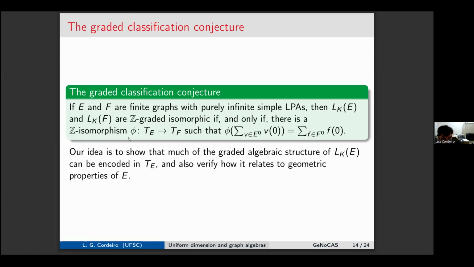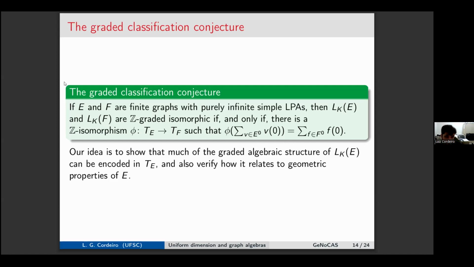the question asks whether the Leavitt Path algebras are Z-graded isomorphic if and only if there is a unitary Z isomorphism between the talented monoids, seen as Z-monoids. And the unit is considered to be the sum of all the vertices at time 0.